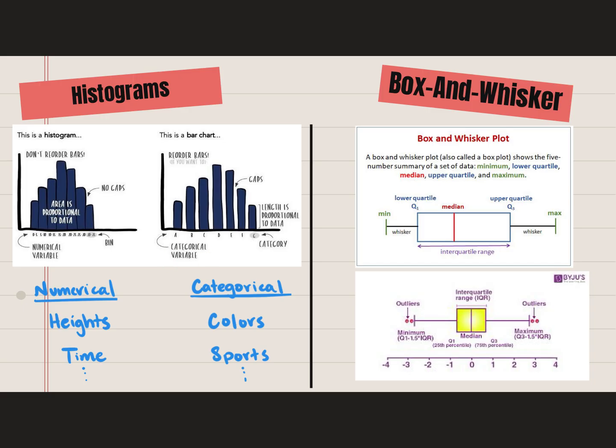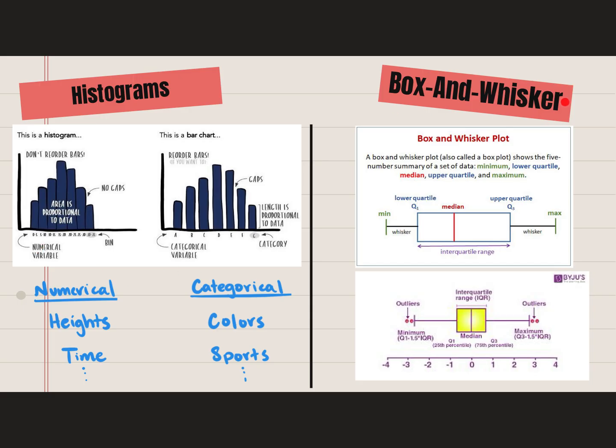And when you're totaling up how many people are interested in sports, you might do a bar chart to represent with the different sports as your categories at the bottom. And then the length is really what is proportional to our data. That length represents how many people fall into that category. And we'll do an example on the next page of where we create one of these two diagrams.